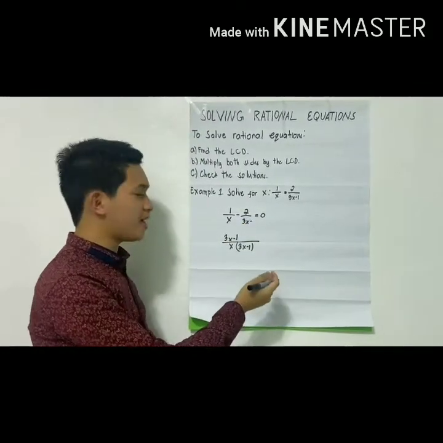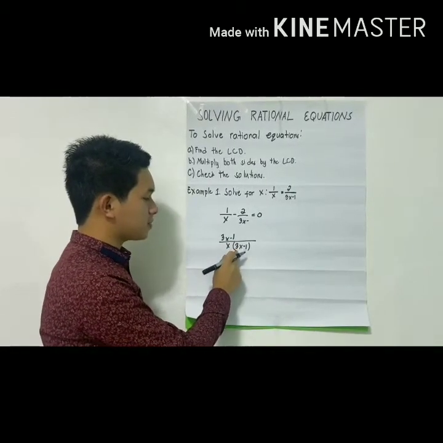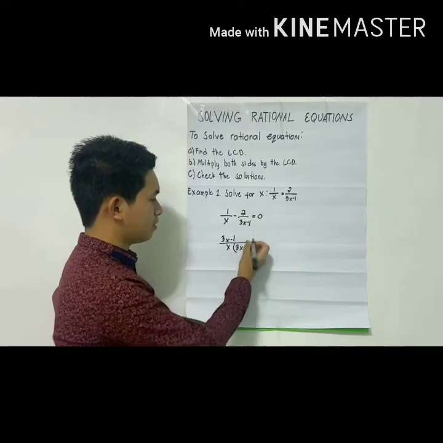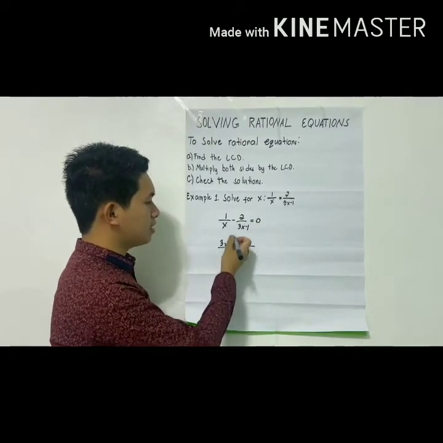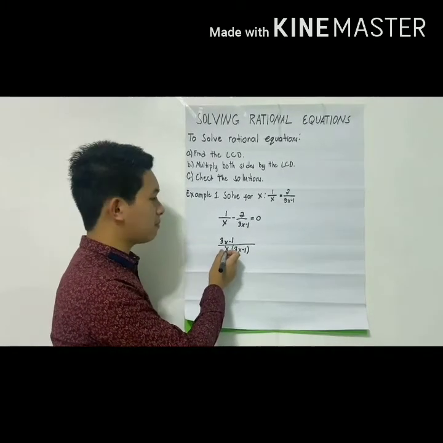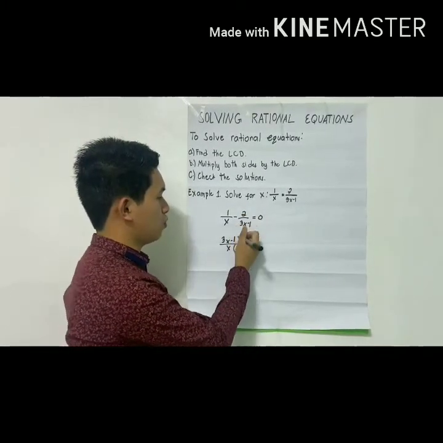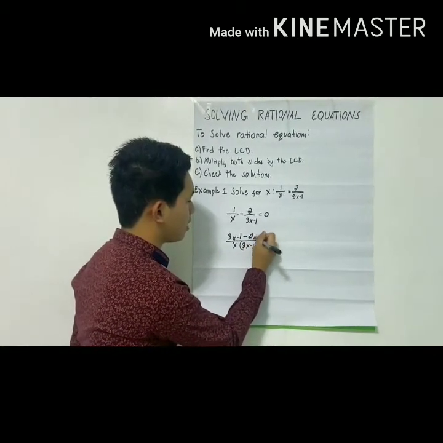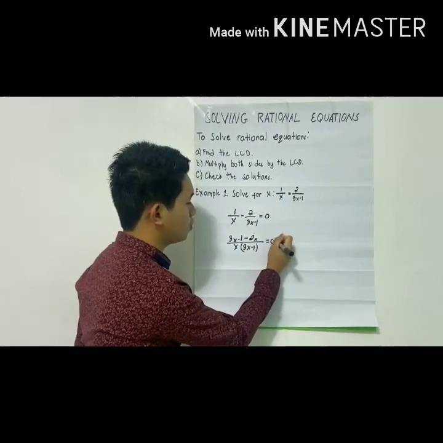Then, sa right side na naman, x times 3x minus 1 divided by 3x minus 1 is equal to x multiplied by 2 is equal to 2x, minus 2x is equal to 0.